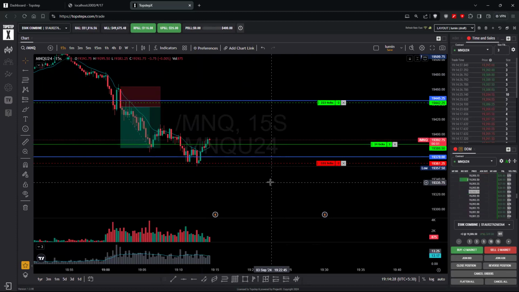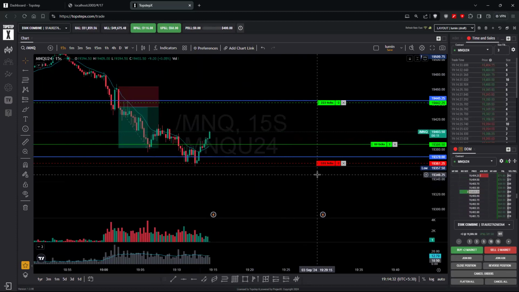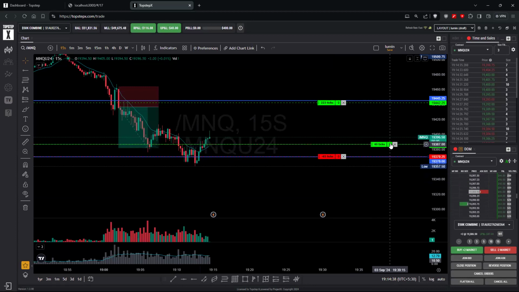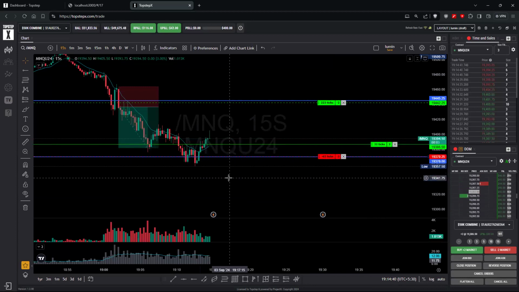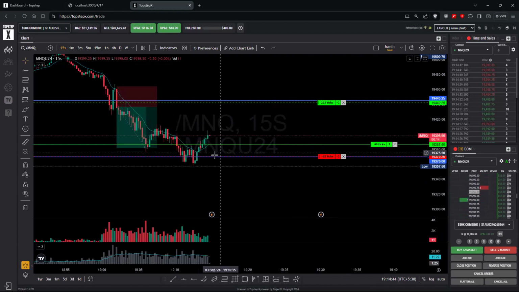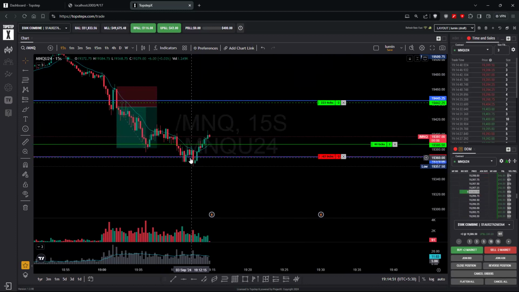It is pretty simple, but the more emphasis is on how I am managing my trade. You can see I'm managing my size, my stop loss, my risk reward, and I am looking at levels. I'm looking at very few patterns like these double bottoms, and I'm looking at this line for trend.